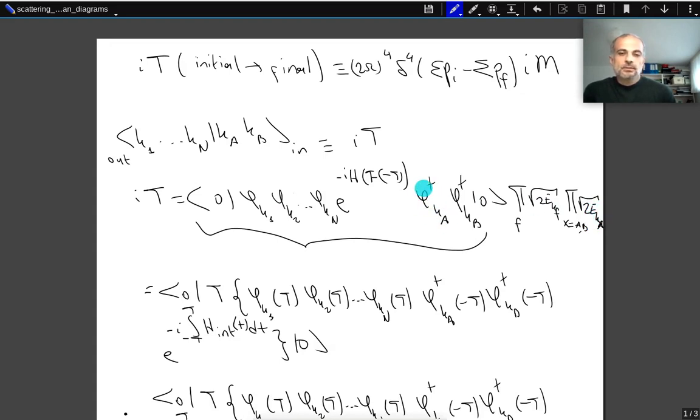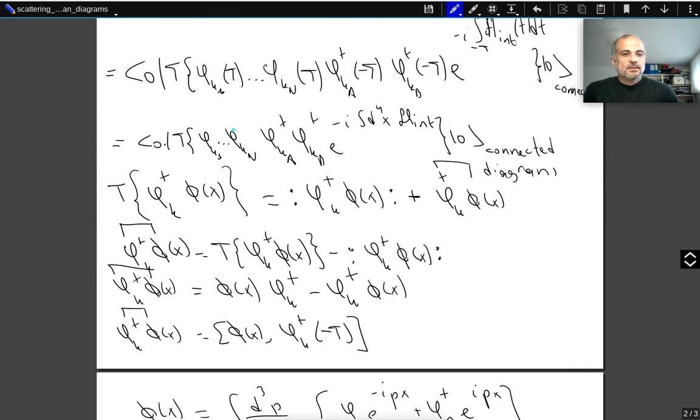So since we calculated the contractions of these ones, the contractions of these ones will bring factors of 1 over square root of 2 E_ka and 1 over square root of 2 E_kb, and those 1 over square roots will cancel just this factor over here. Now let's look at these terms. What will be the contraction of these terms?